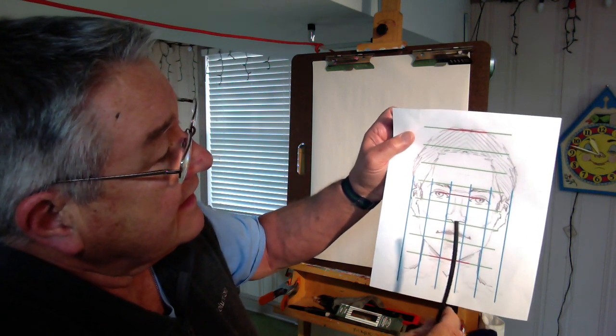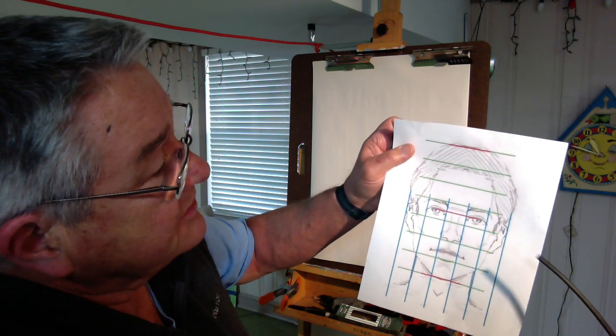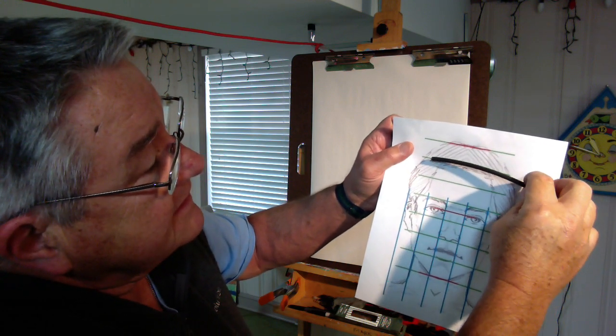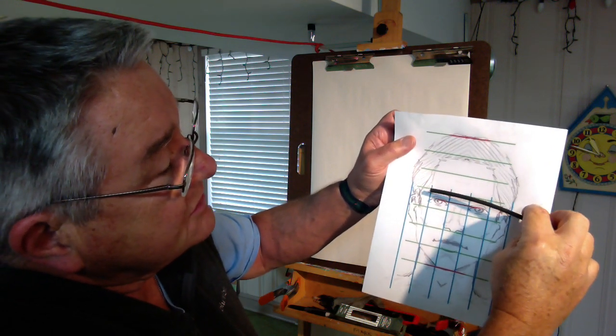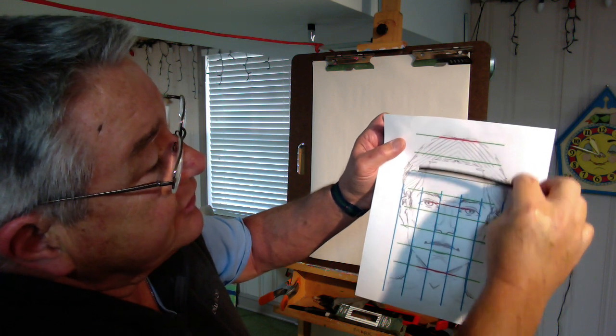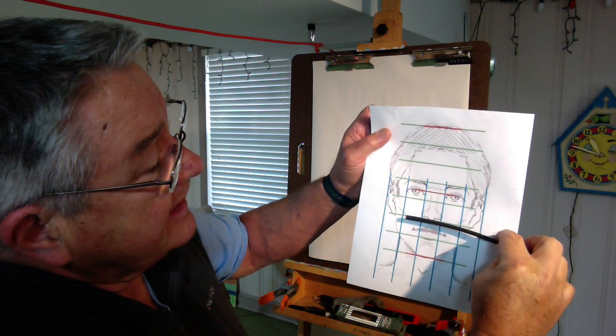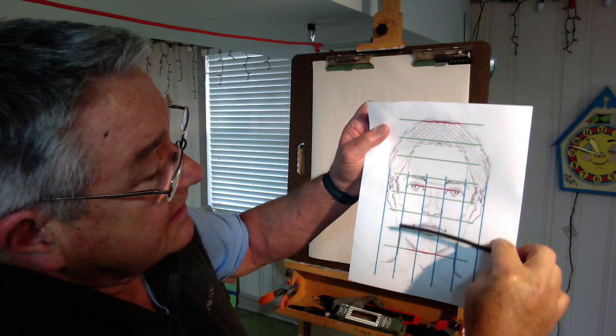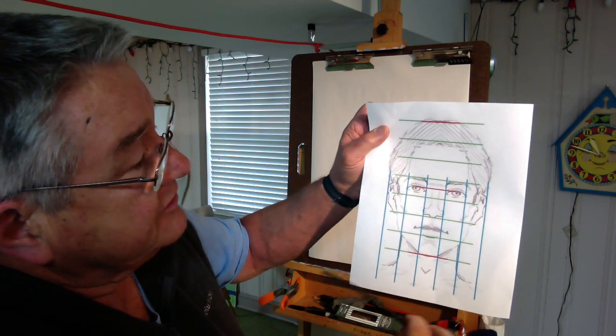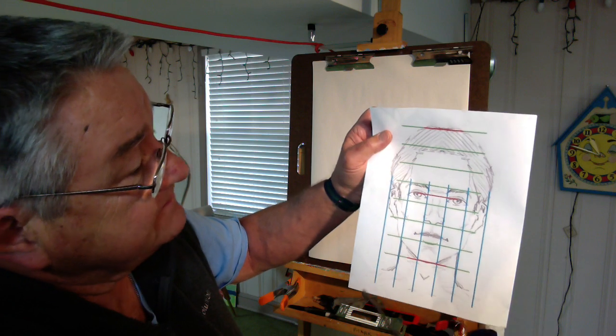And then looking again at the face from another perspective, from the top of the forehead to the eyebrows is roughly a third. Top of the eyebrows to the nose is a third, and bottom of the nose to the bottom of the chin is a third of that space.